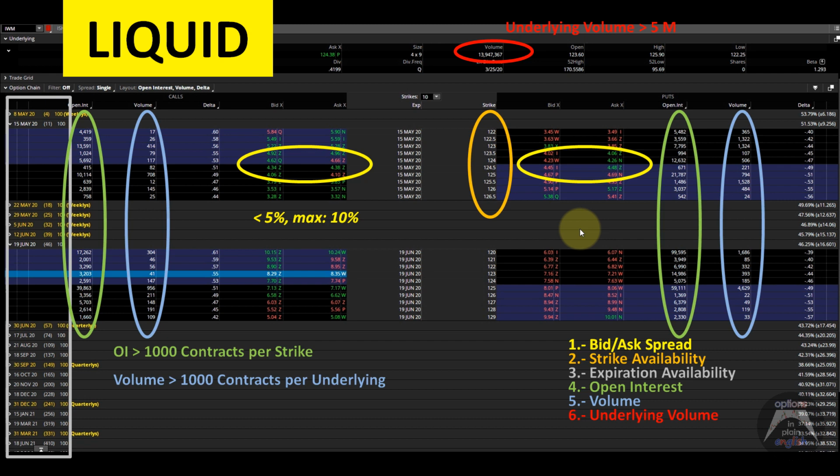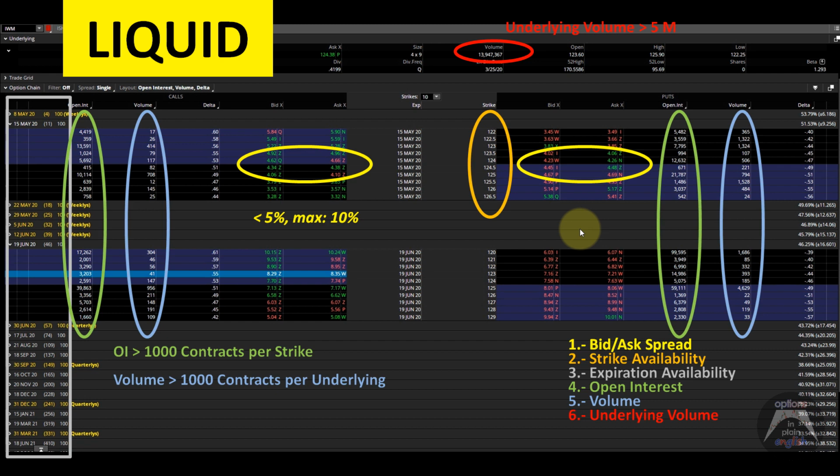Oh, and another thing I'd like to mention is that a certain underlying can be liquid at a certain point in time and then change that characteristic later on. For example, if there is an underlying that the market is really interested in, where there's a lot of trades going into that underlying, and then all of a sudden the market loses interest and liquidity starts drying out, then that underlying is going to go from liquid to illiquid.